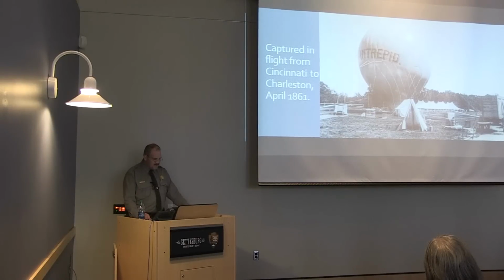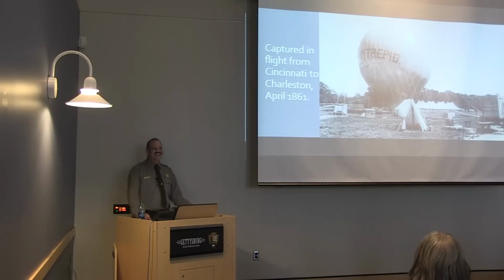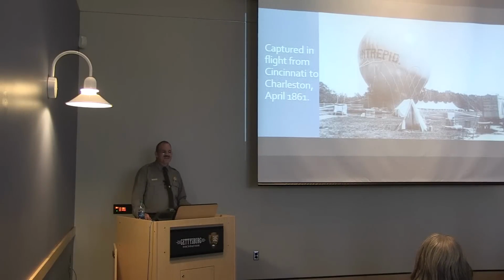Now, the Intrepid, one incident involving it was captured in a flight from Cincinnati to Charleston. It just so happened to land right after the firing on Fort Sumter. That's really bad timing, isn't it? And so, after some explanations and some official letters, the Confederates let him go, and he made it back north again.